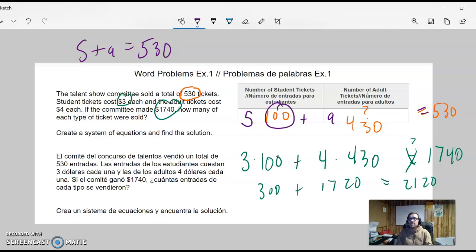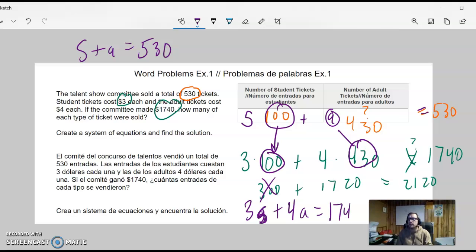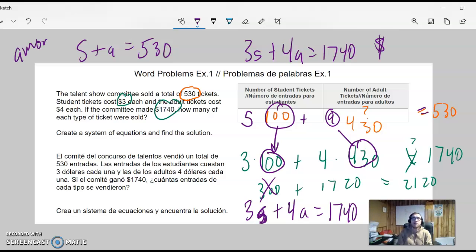But then take that same variable and plug it in here, and you can rewrite this as 3 times the student tickets plus 4 times the adult tickets equals 1740. So 3S plus 4A equals 1740. So this is your money equation, and this is your amount equation.